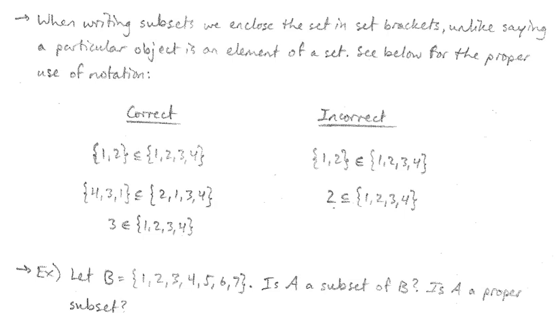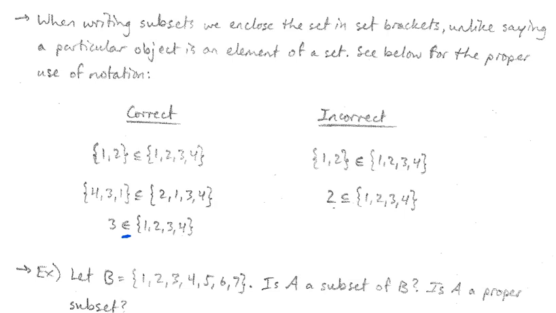So if you just want to say that some number is an element of a set, then you would just take that number, that word, whatever, write this symbol there, as you see, and then write your full set, 1, 2, 3, 4. If you want to say that something is a subset, you're going to take one or more elements of that set.